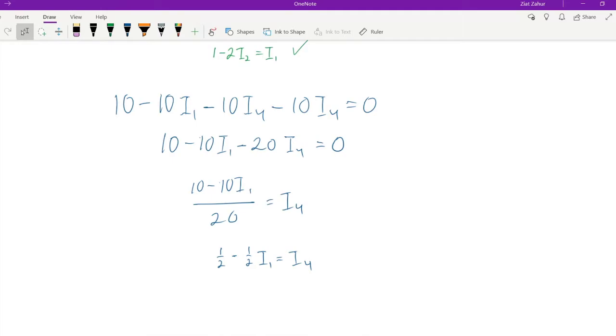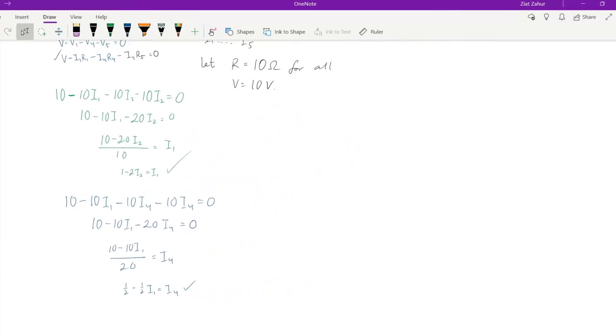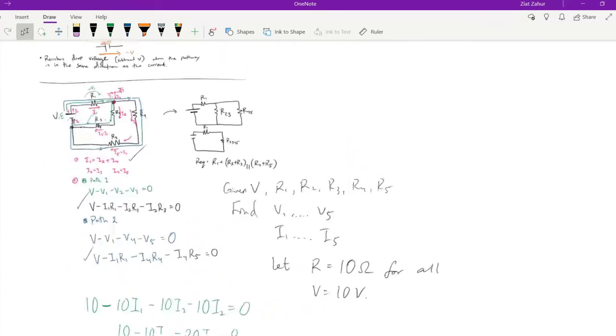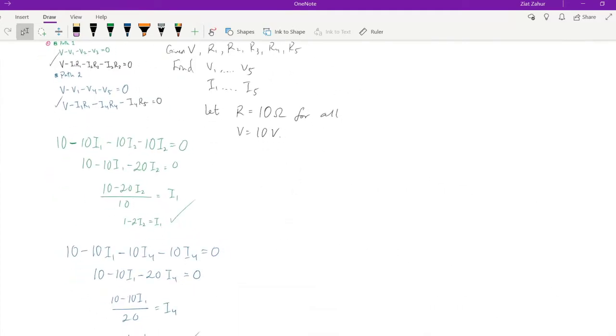I can substitute in I1, or I can use the junction rule. I have two things to do here. I have these two, of course, but I also have the junction rule. I1 equals I2 plus I4, that way.